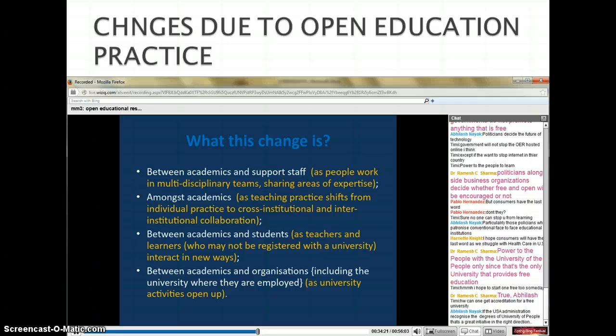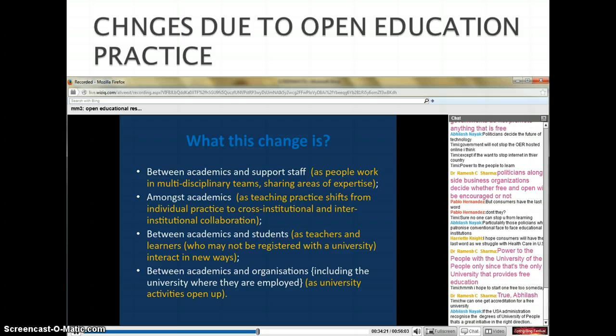As you can see here, the changes are between the academics and the support staff, because the academics are required to depend a lot on the support staff for support in different ways. Amongst the academics, that is also very much required because networking and collaboration between academics is very much necessary for development and delivery of OER.